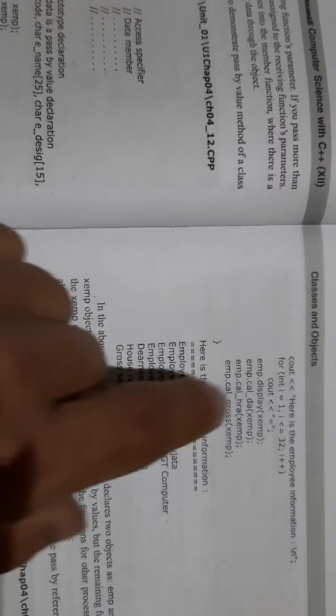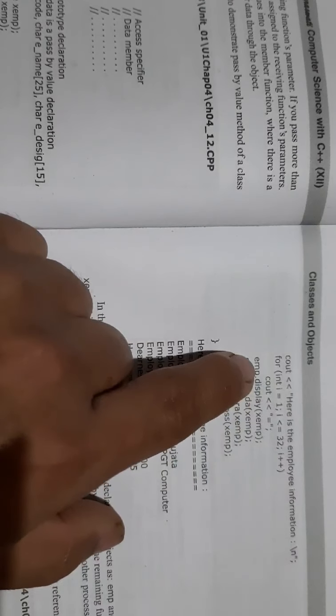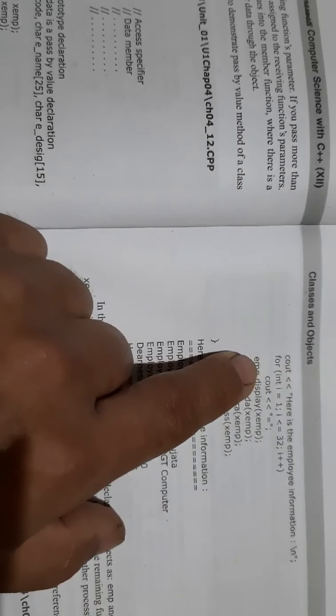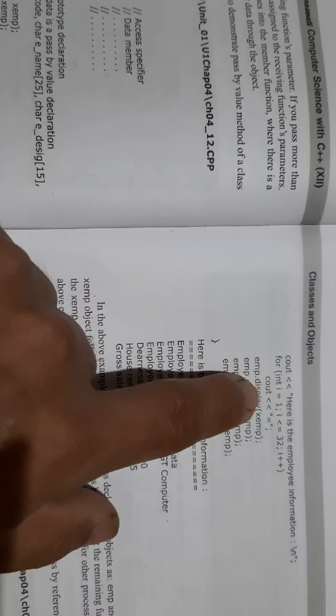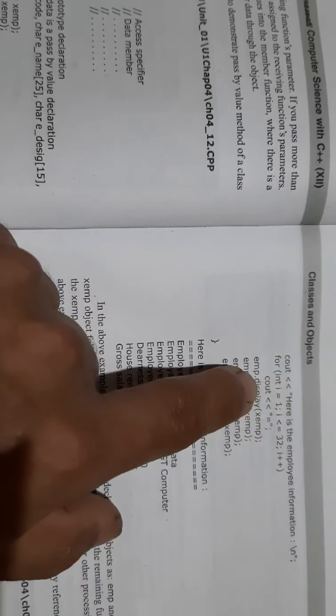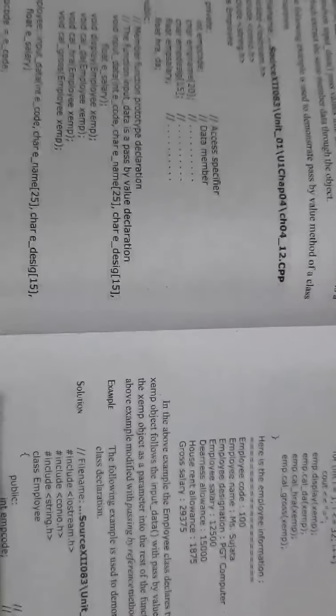Why is there the need for this object? To invoke a member function in a class, we need an object. Using the object we are able to invoke this member function. Normally in your previous program you do not pass an object as an argument, right?